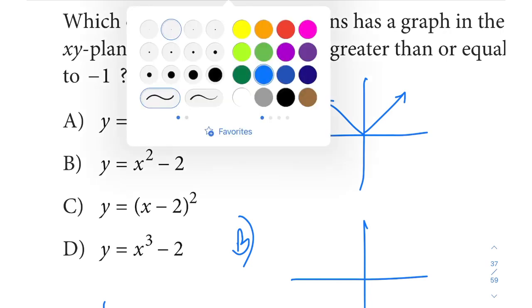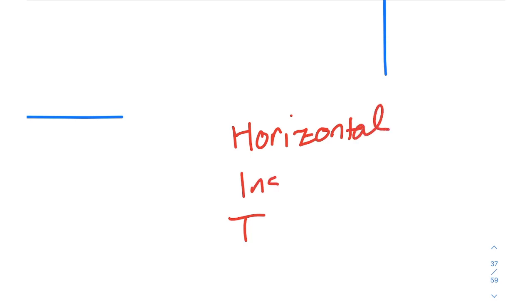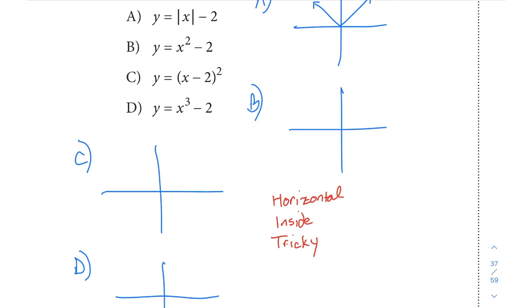And my little mnemonic for that is whenever you're trying to figure out what types of transformations you're going to have, I think of it as HIT, which stands for horizontal, inside, tricky. And what that means is if you have something inside of parentheses or inside of a root, kind of like we do in answer choice C, that's going to indicate a horizontal shift.